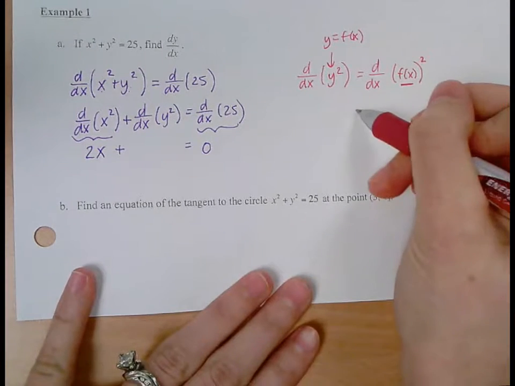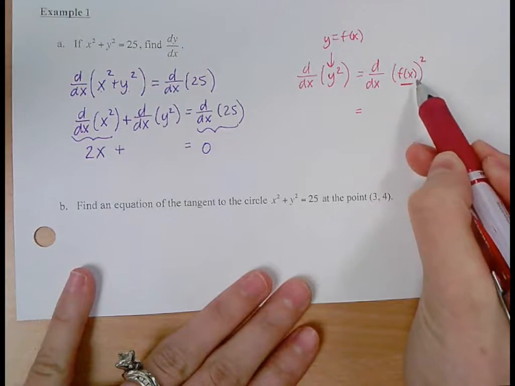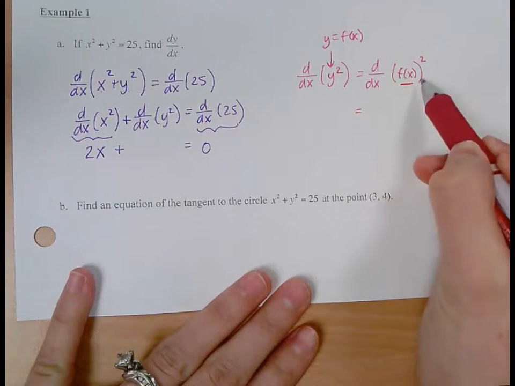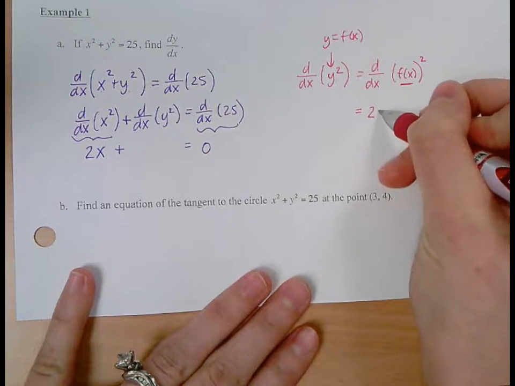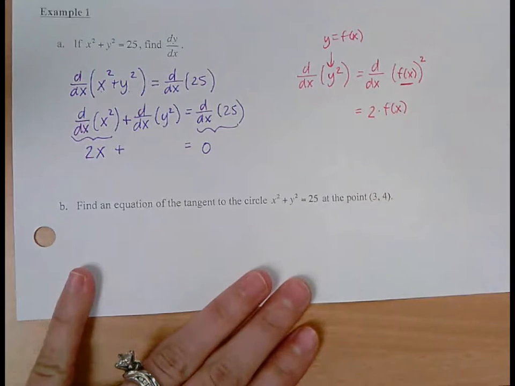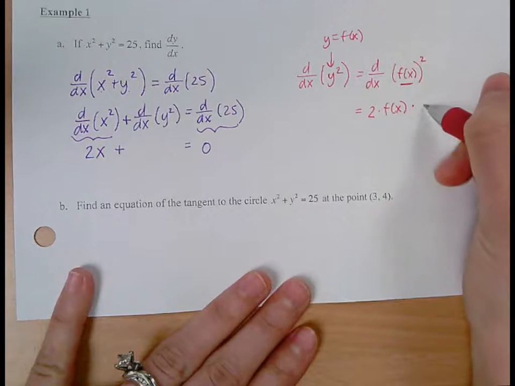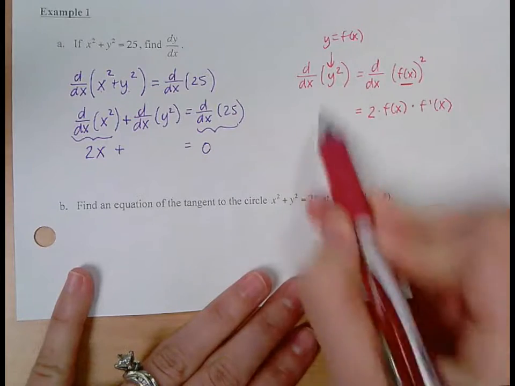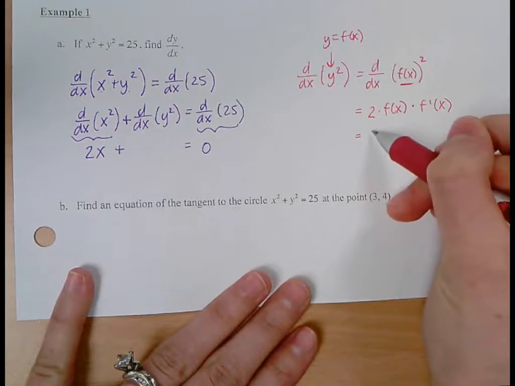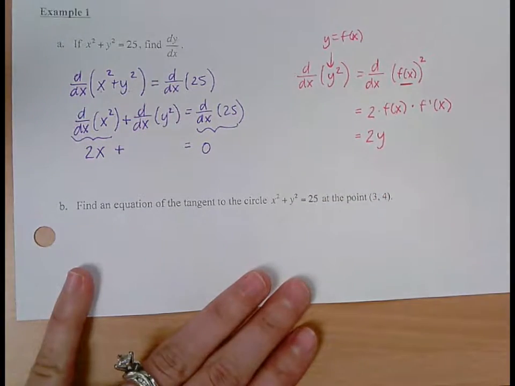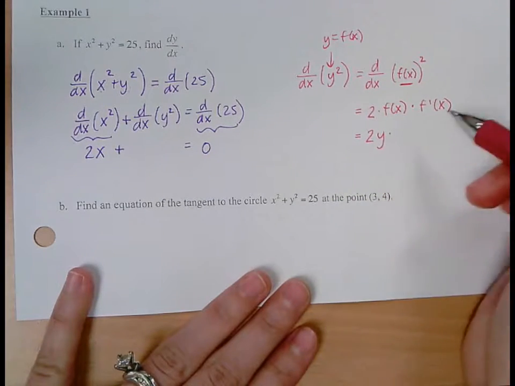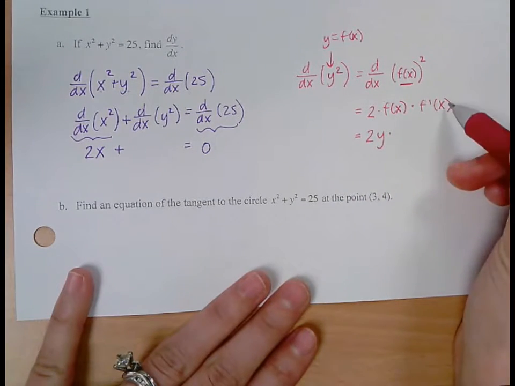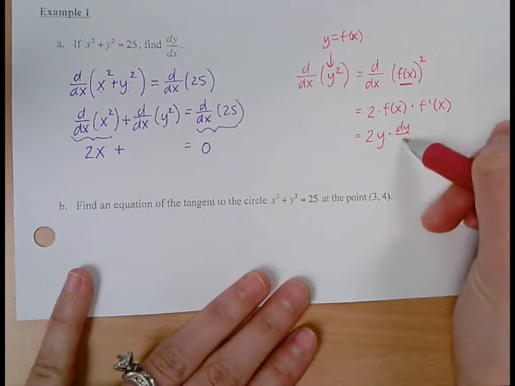Chain rule applies. So the derivative of this with respect to x, if I take the derivative of the outside, that would be 2 times f of x to the first power, or just 2 times f of x. But then I would have to multiply it by the derivative of the inside, which would be f prime of x. So if I write this back in terms of y, this is 2y, so 2y is part of the derivative, but then it's multiplied by either you write it as y prime, or you can write it as dy dx.